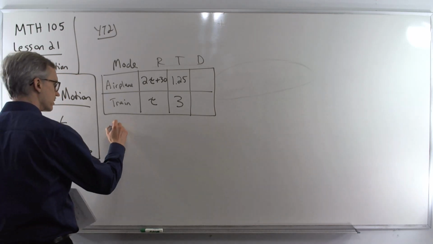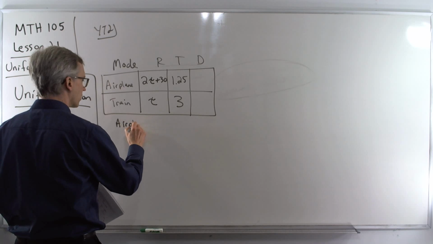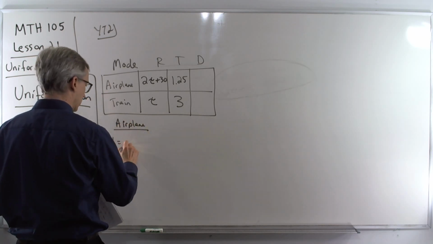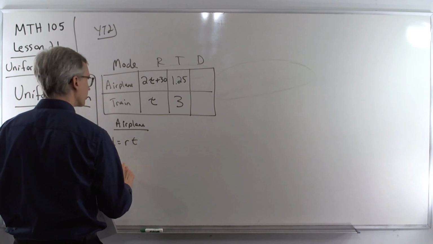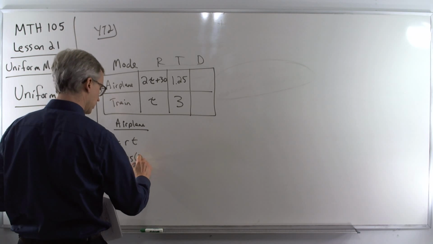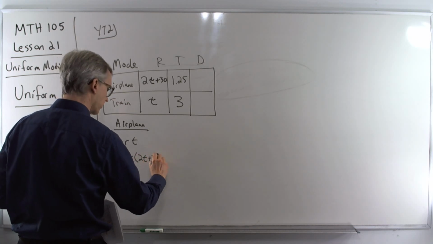Now to find the distance, multiply the rate and time, and for the airplane, we get 1.25 times 2t plus 30.